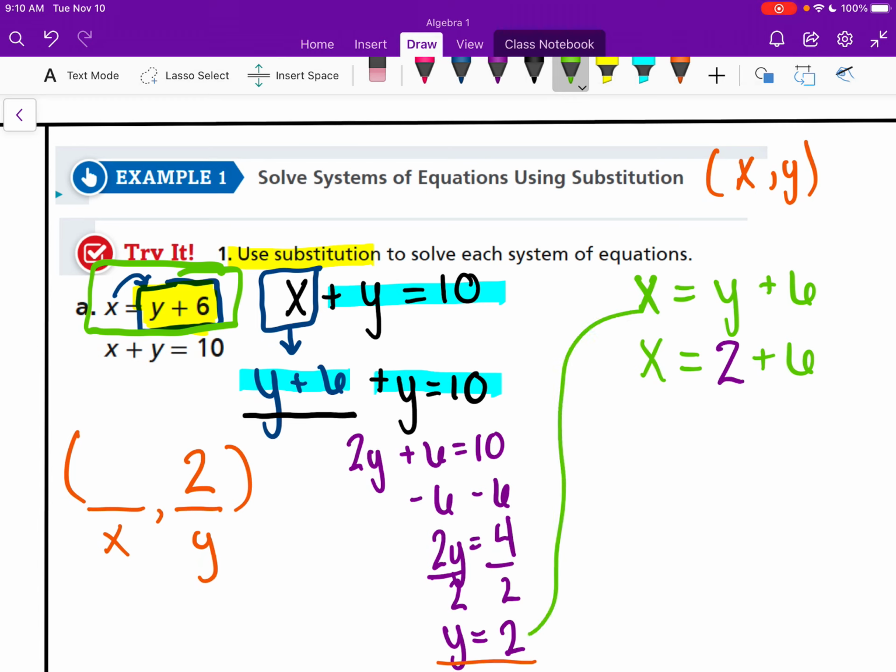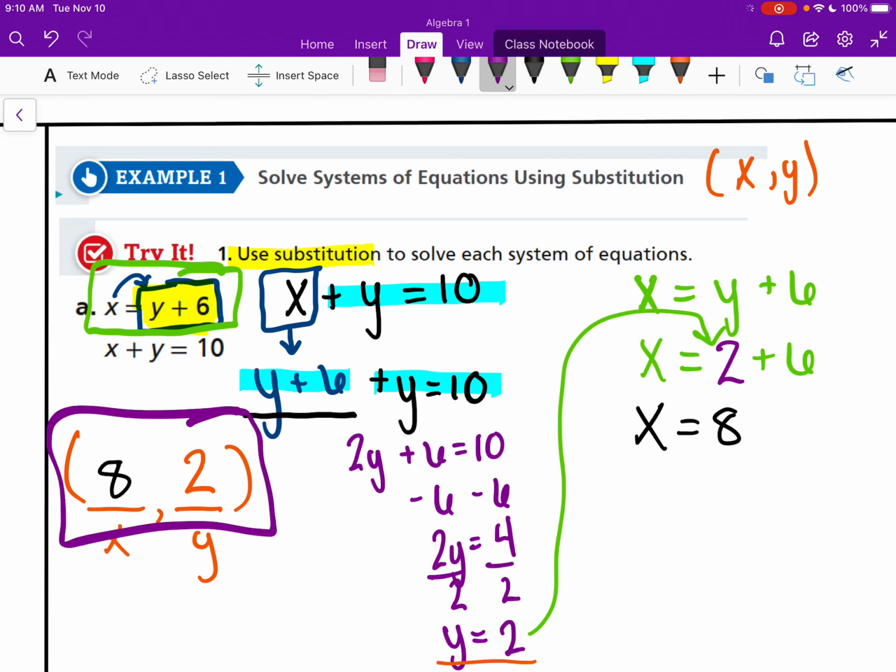So notice we just substituted, replaced that. And now we have x equals 8. Which means the x value of our ordered pair is 8, and our answer is the ordered pair, x comma y, of 8 comma 2. That is our intersection point, and we just used algebra to find that.